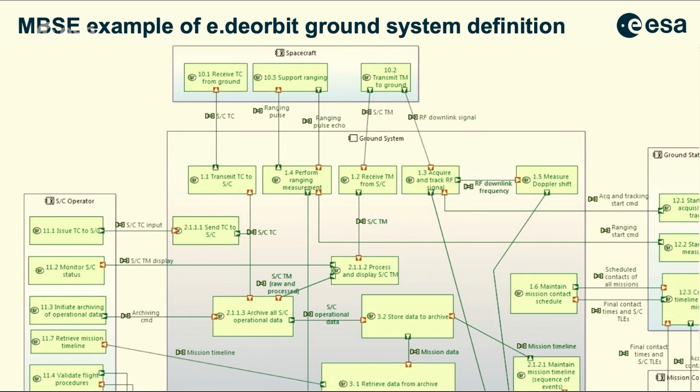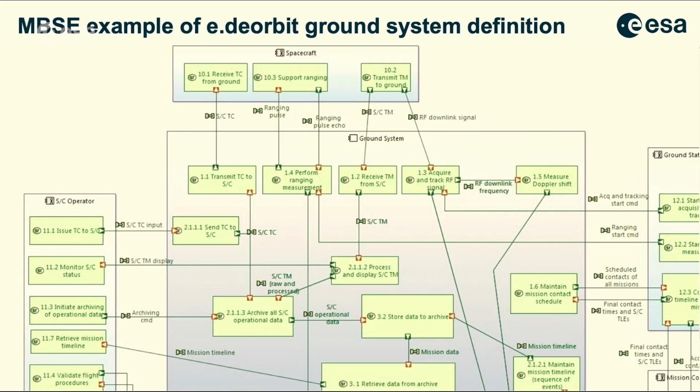And you have other functions like perform ranging or receive telemetry and these kinds of things. You also see other segments. You see the spacecraft. On the left, you see the spacecraft operator. On the right, you can just see ground stations. So they are at possibly different places, and you see lines interconnecting them. These are interfaces, of course.